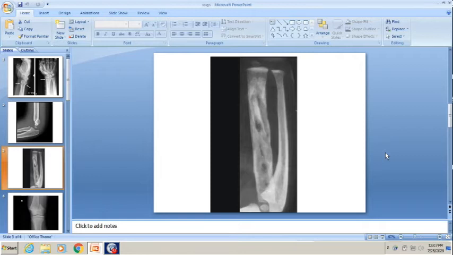Just make it faster so that we can cover all the X-rays. If you know, you can answer. If you don't know, someone who knows or someone who wants to try, they can pick. Yes? No one?